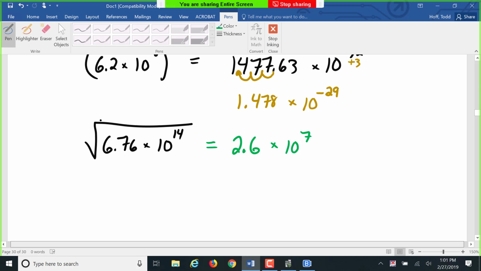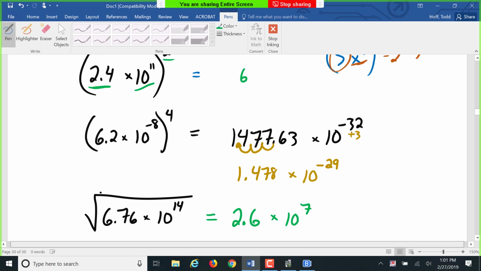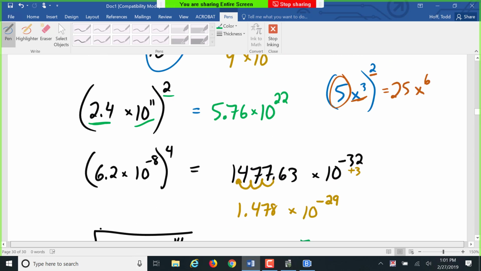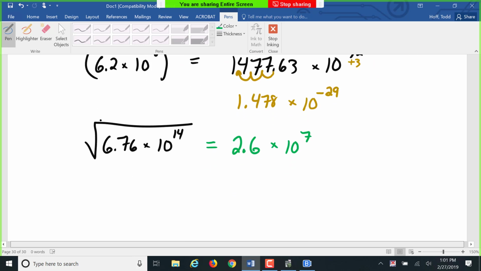When we squared that number, we multiplied the power by 2. Well, square rooting is the opposite of squaring, so it makes sense that we would divide that power by 2. So the square root of 10 to the 14th is 10 to the 7th. When we look at exponents more closely in a couple of weeks, one of the things we go over is the fact that the square root of x is equivalent to x to the power of 1/2. So that makes even more sense. 10 to the 14th to the power of 1/2, 14 times 1/2 is 7.